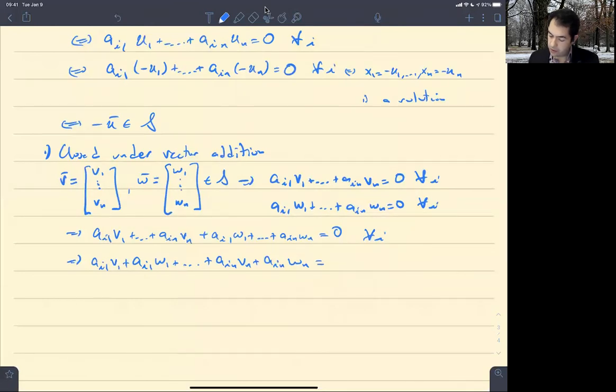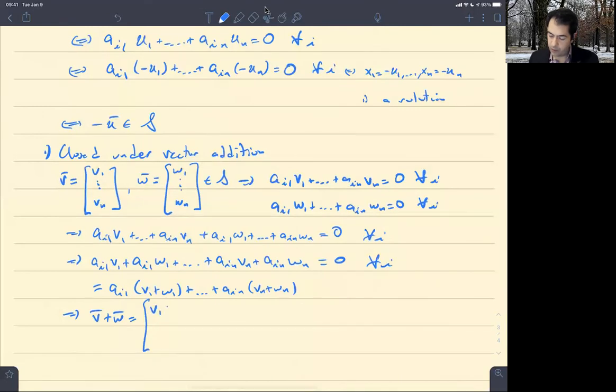On the one hand, this is equal to 0. On the other hand, I can use the distributive property in the field to write this as ai1 (v1 plus w1) plus ... ain (vn plus wn). And the fact that this is 0 for every i tells us that the vector v plus w, whose entries are v1 plus w1, ..., vn plus wn, is an element of S.